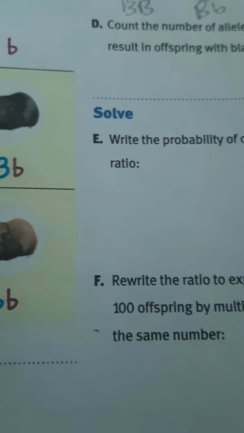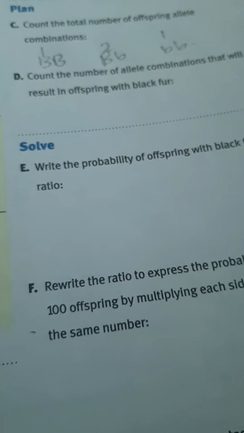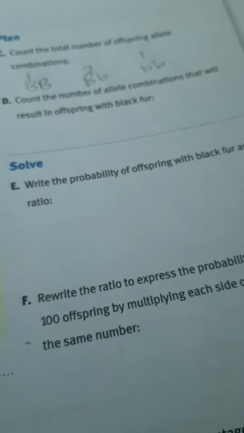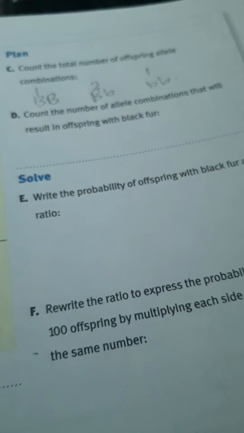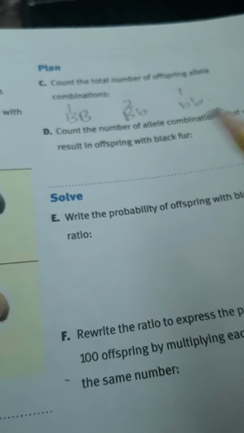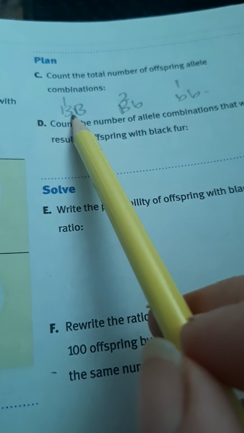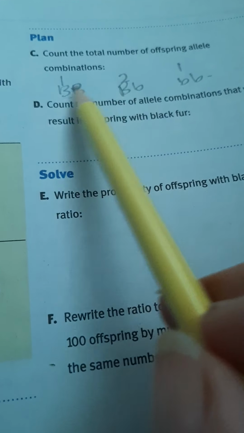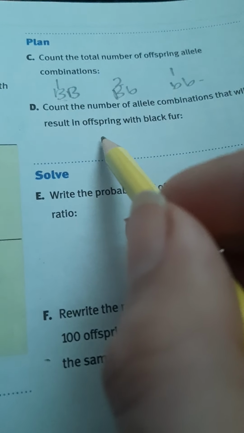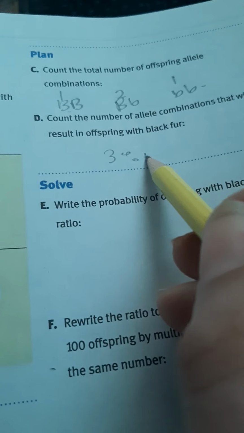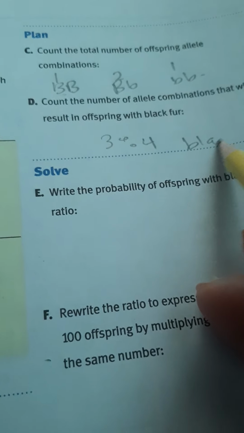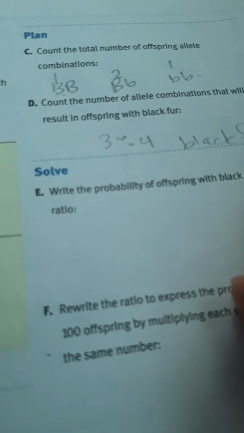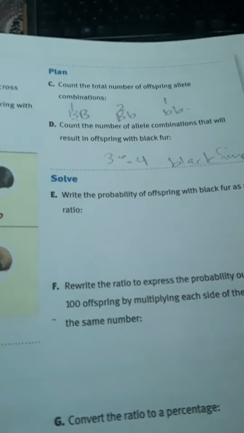Count the number of allele combinations that will result in offspring with black fur. How many with black fur? Everyone with a B capital will have black fur, so we have 3 out of 4.